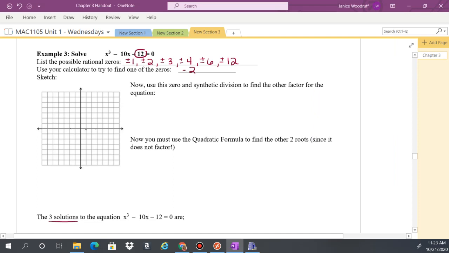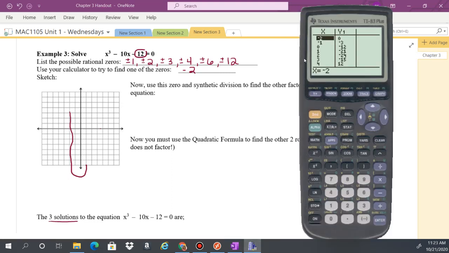And I turned right there, and also between 3 and 4 there was something in between here. Second graph. We'll go to the table. Go to hit zoom 6 when you have a window error.